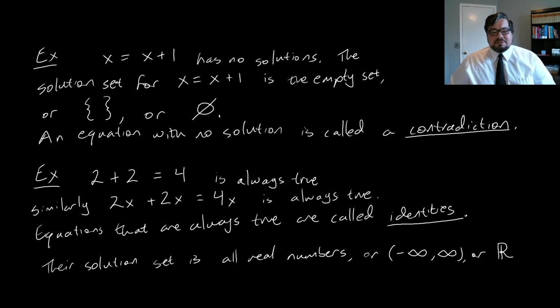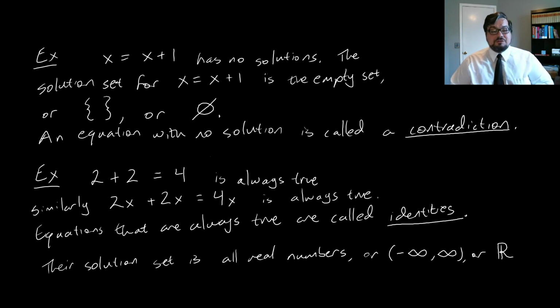And what this says, what it means for an equation to have a solution set of all real numbers, is that no matter what number you plug in for x, you get a true statement out of it. In either of the equations that we've got above, 2 plus 2 equals 4 or 2x plus 2x equals 4x, no matter what value you choose for x, you're always going to get a true statement out of it.